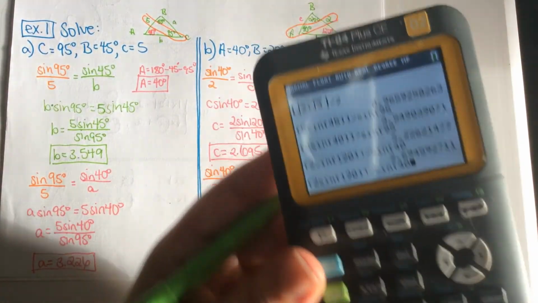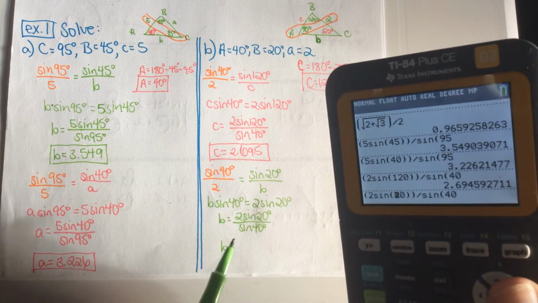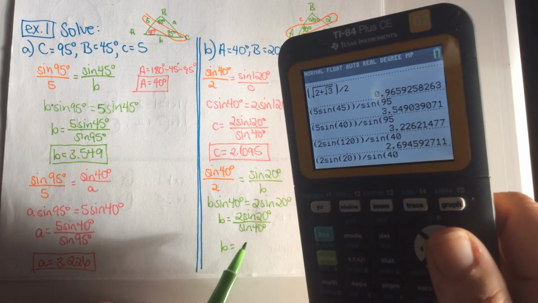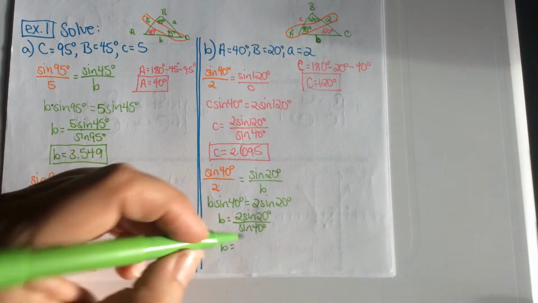So I'm going to change the angle to 20, right? 2 sine of 20 over sine of 40, which is 1.064.